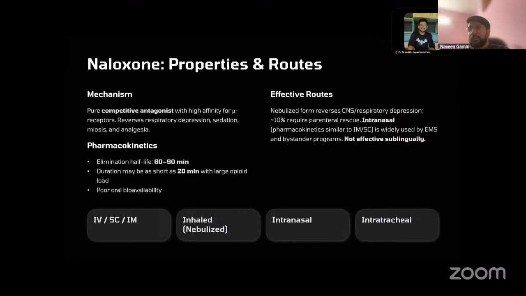The intranasal route is widely used by EMS and bystander programs because when they arrive at the patient's side, they can use it easily. And the oral availability, as I explained, is reduced. So these are the routes through which naloxone can be effectively delivered.